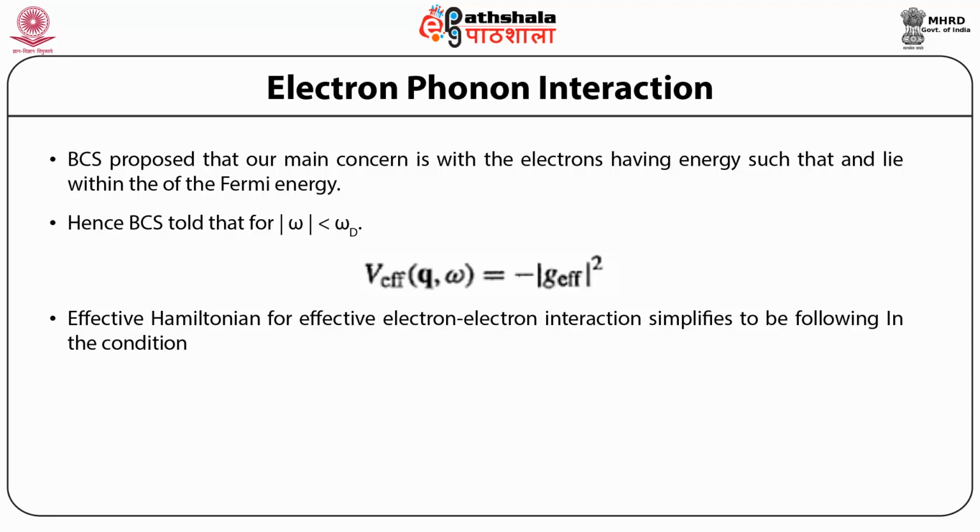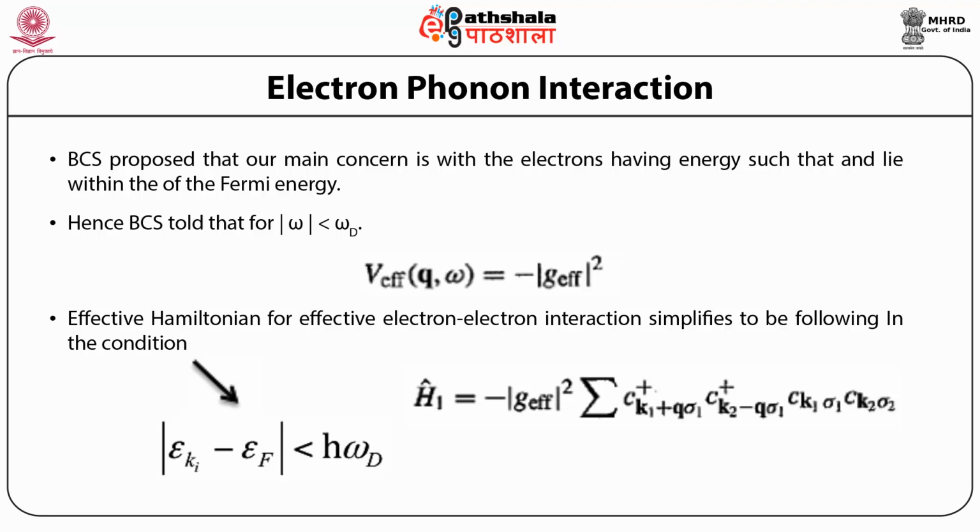So the effective Hamiltonian for electron-electron interaction simplifies to H1 equal to minus mod of g effective squared, summation over the product of 4 operators: 2 creation operators c dagger k1 plus q sigma 1 and c dagger k2 minus q sigma 2, into c k2 sigma 2 and c k1 sigma 1. And remember the condition under which it is effective is that mod of epsilon_ki minus epsilon_F, where epsilon_F is the Fermi energy, is less than h cross omega_D.